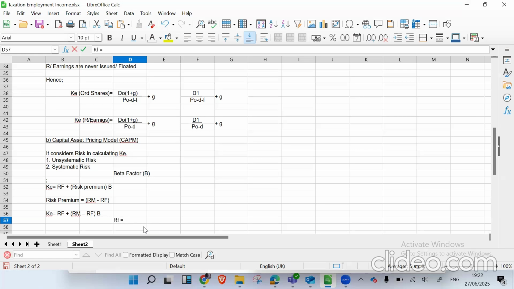So it's assumed that the government offers securities that carry no risk. Ukiinvest kwa T-bills za gava, uko sure utapata returns zako. They carry no risk.